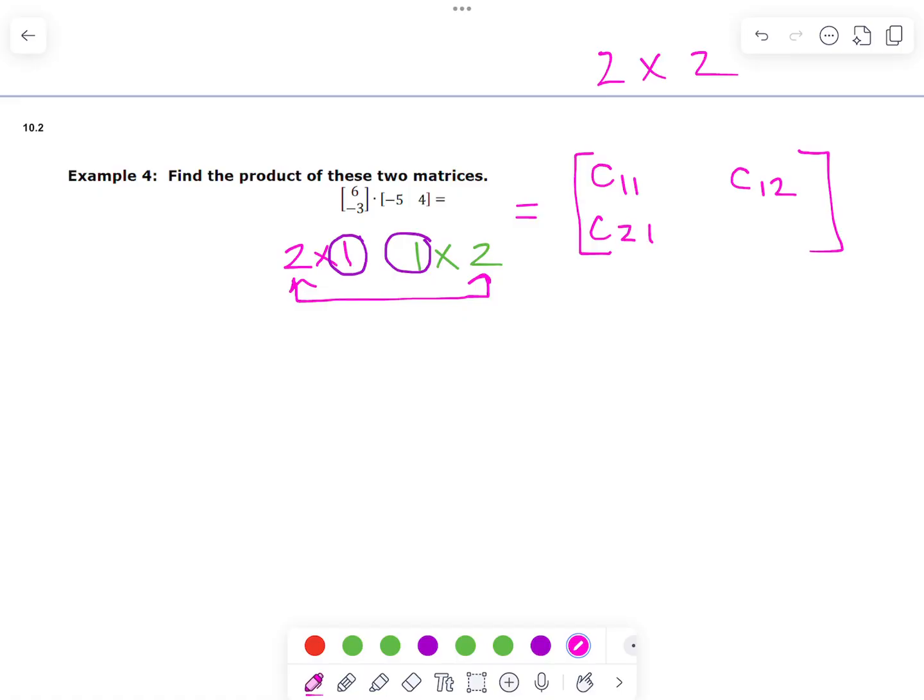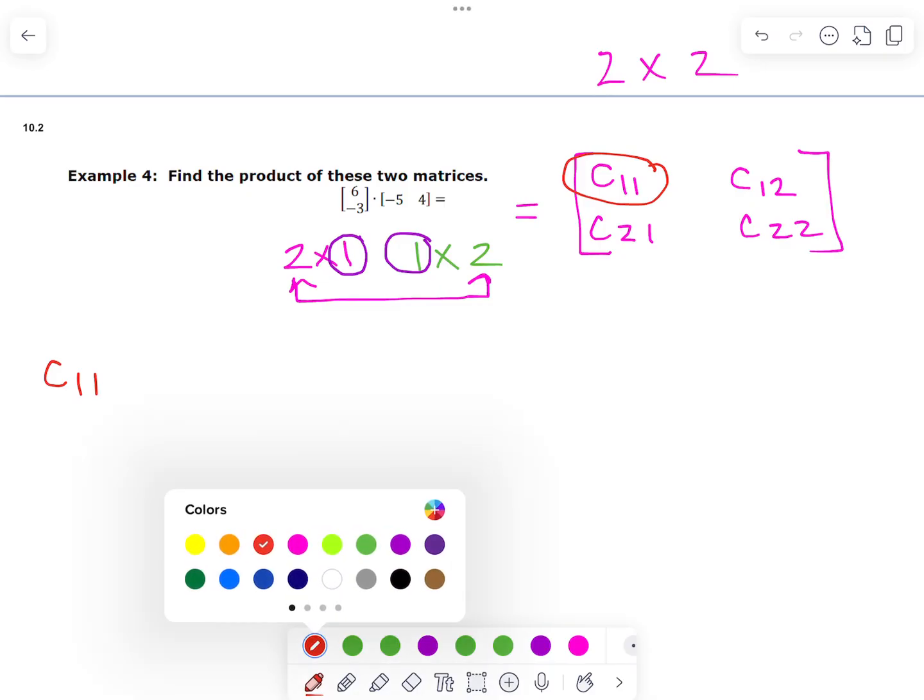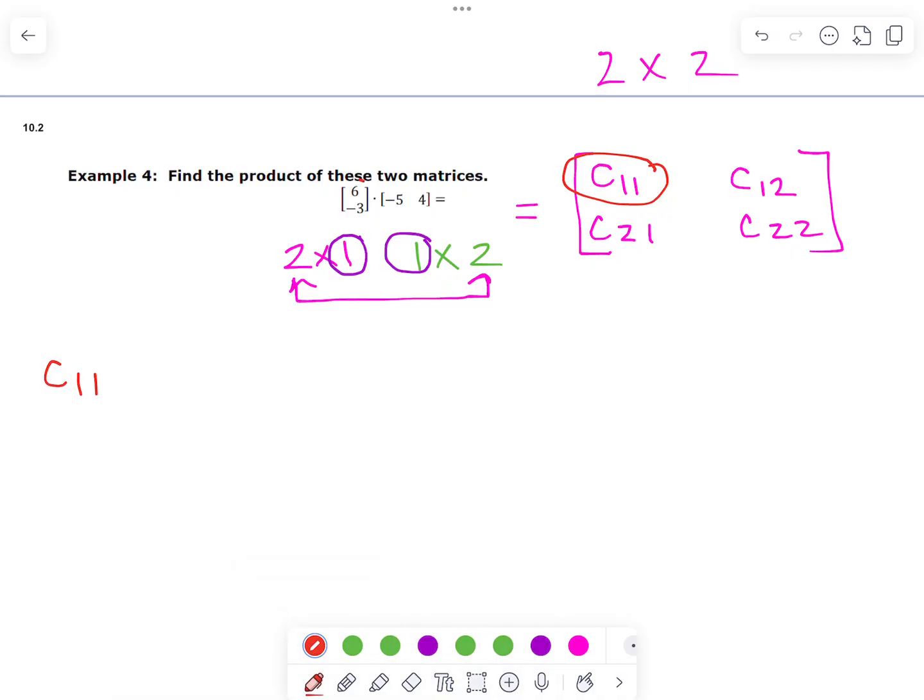We want to find out what those 4 elements are. So we'll just start off with finding this element right here. So we multiply row 1, column 1.